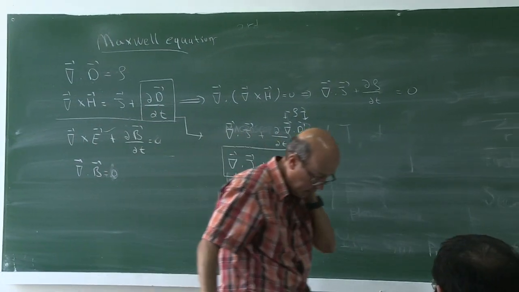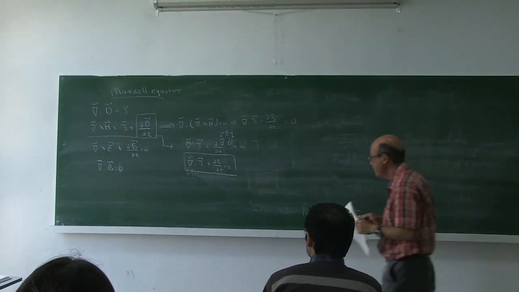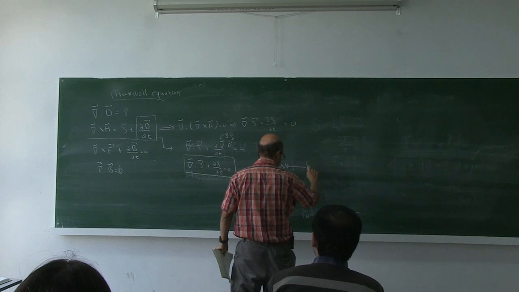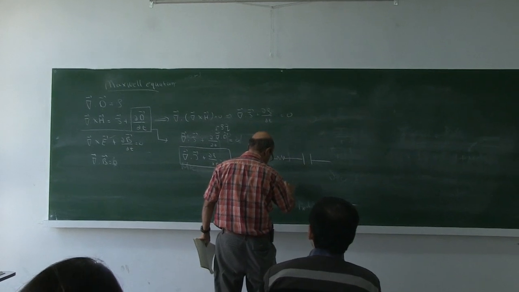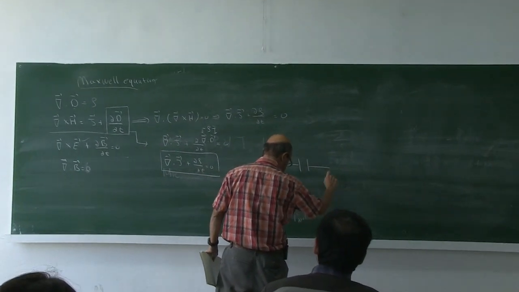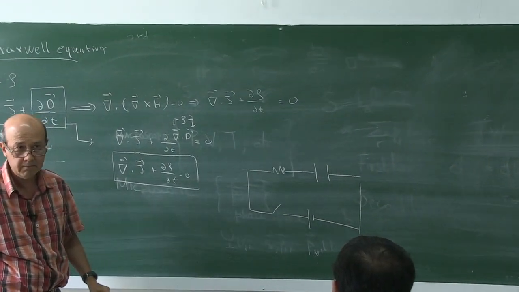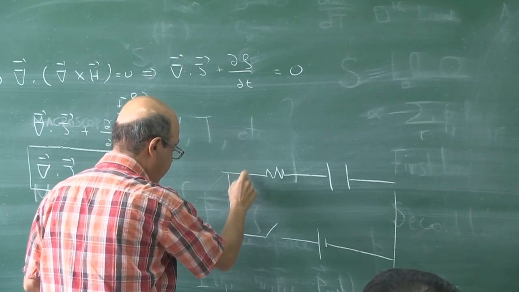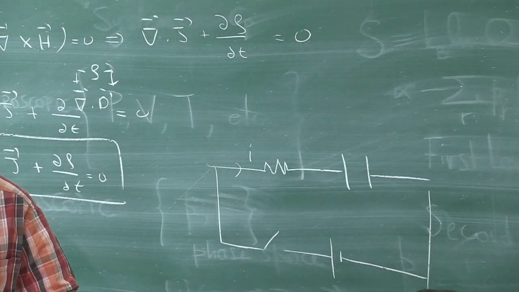In practice, you know this from freshman physics, the RC circuit. When you are charging the capacitor, what do you have? Current. Since you have current, you have some magnetic field around the wires.